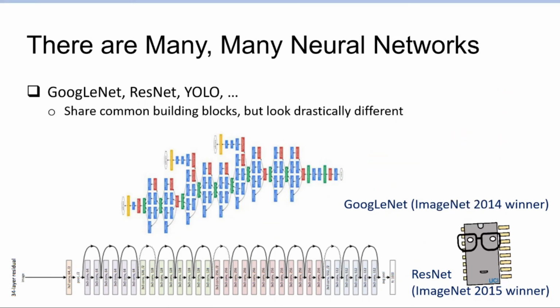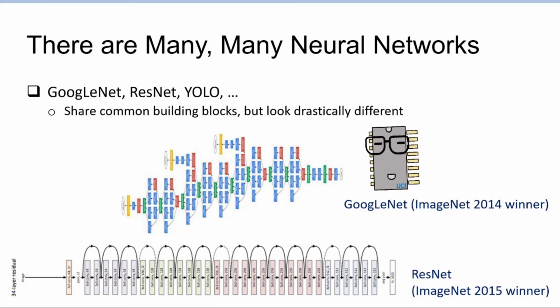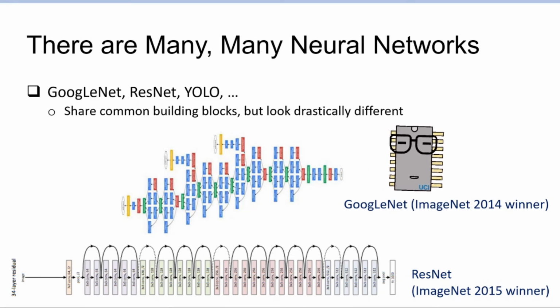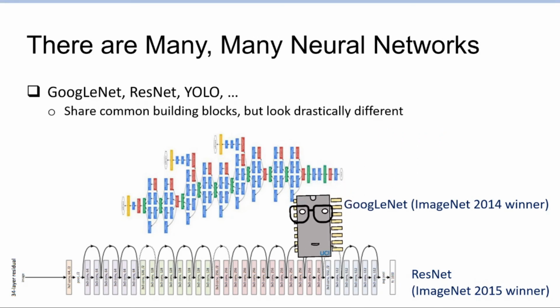GoogleNet, the ImageNet 2014 winner, breaks away from the uniform convolution layers and deep fully connected layers model. Each of these blocks represents sub neural networks, each of which has fully connected and convolution layers.